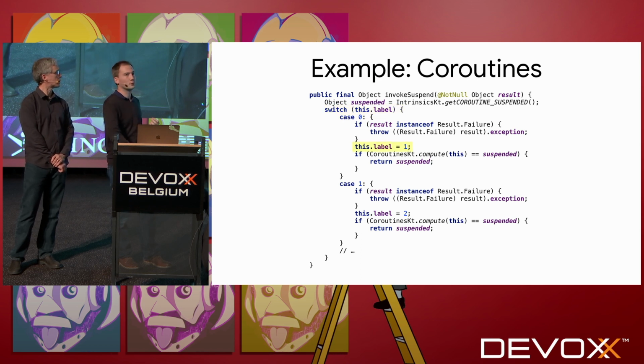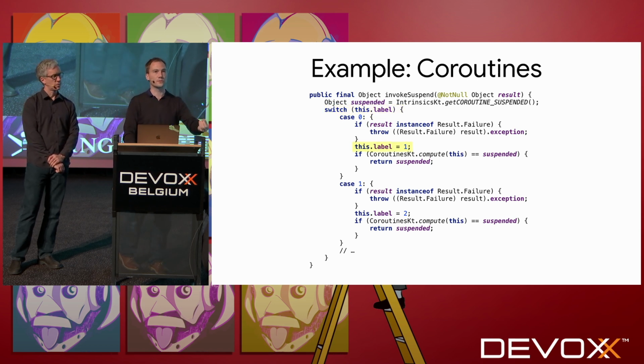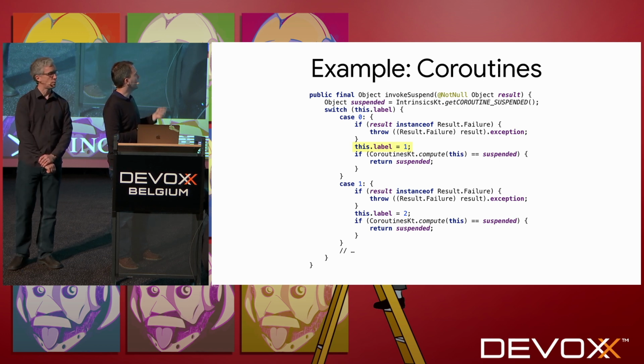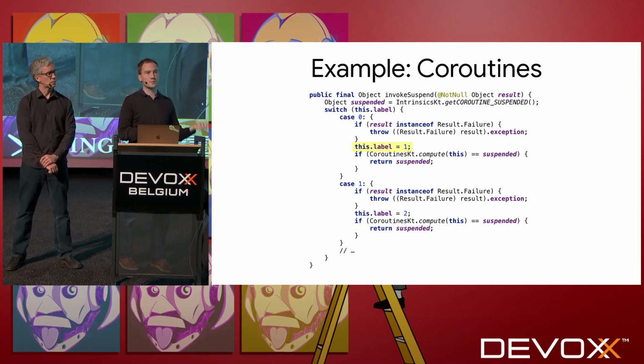And we switch the label to 1, meaning we're entering the first suspend function. Just under this assignment, you can see that we're calling my compute function, coroutines.kt.compute. If this function returns a suspended value, we exit the state machine. That's exactly what happens when we invoke that delay of 1 second inside my compute function. We exit the state machine.